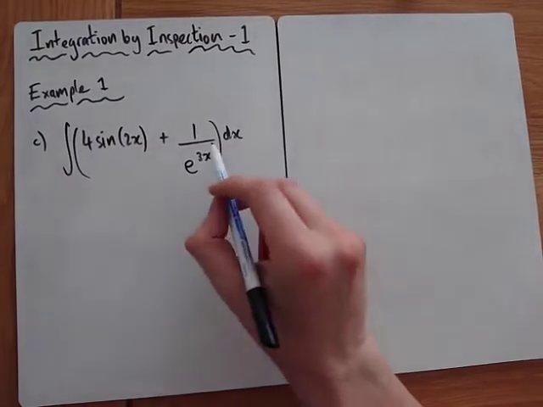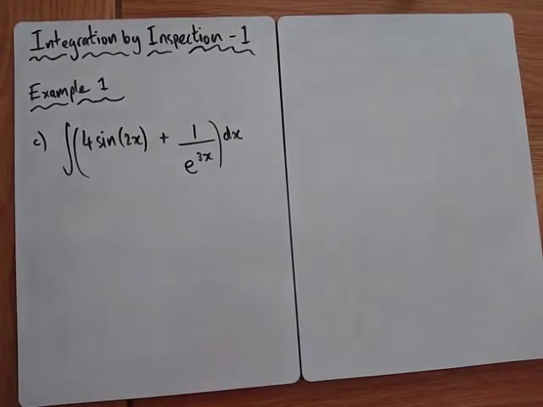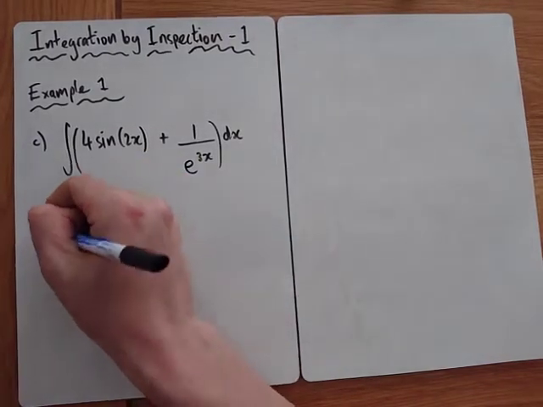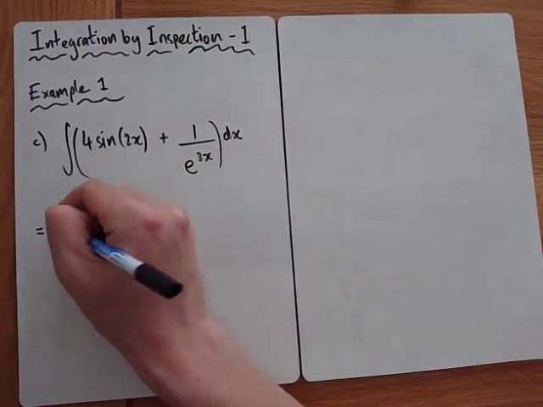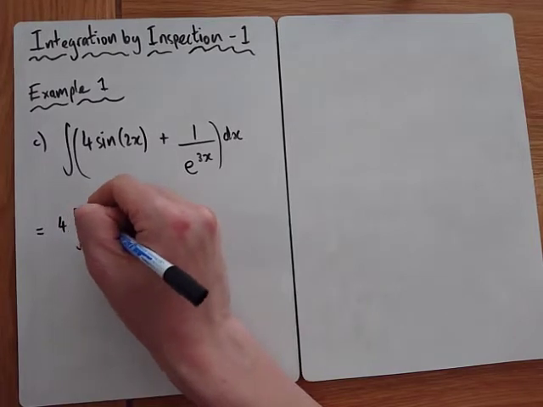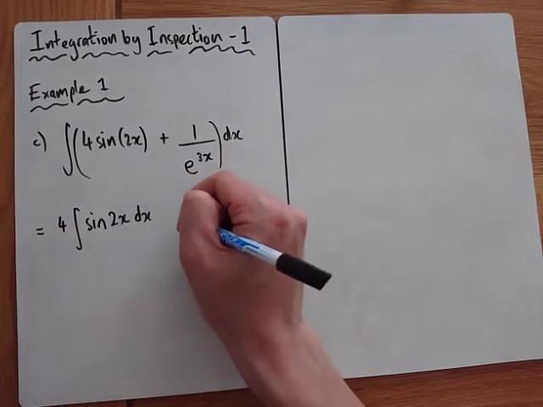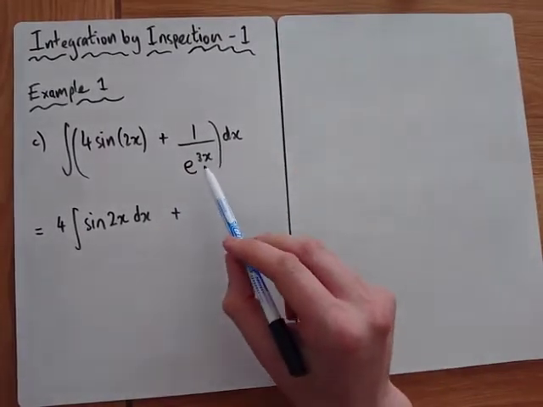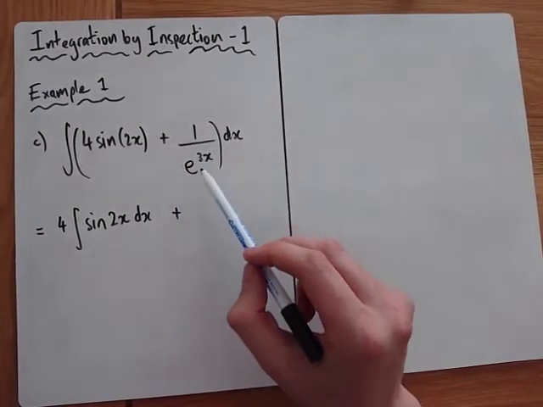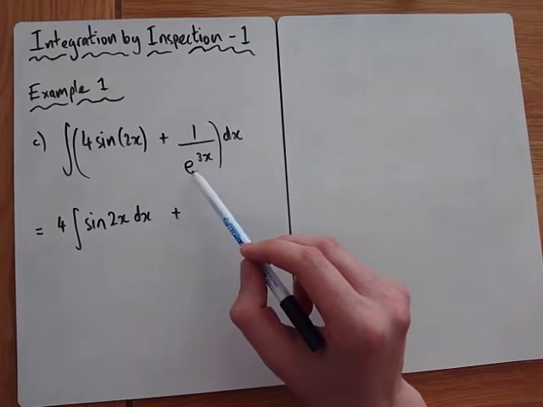So we've clearly got 2 separate functions that we're trying to integrate. Split the integral up. So that's 4 lots of the integral of sine 2x. Think about this one. We're trying to integrate 1 over e to the 3x. Now, I've not shown you a technique for integrating fractions.